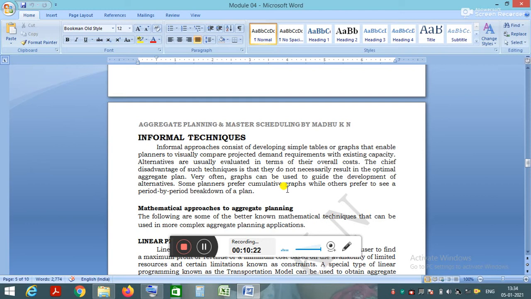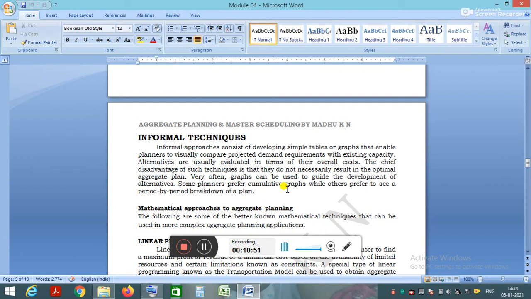Some decision makers follow cumulative graphs and some may follow a period by period breakdown of the plan. Cumulative means added: first month, second month, everything is added and they generate graphs. Some planners may use period by period breakdown, meaning for each period they are not going to add, they draw the graph separately.